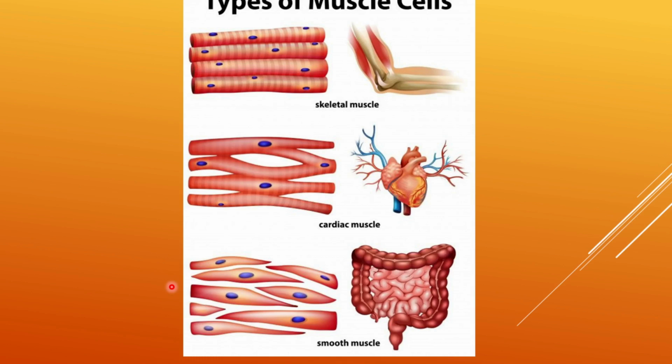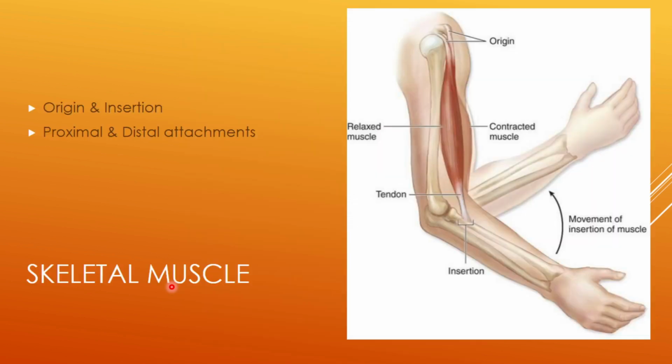So I'm going to stick with skeletal muscle now. As we say, skeletal muscle is voluntary muscle, and it has these striped muscle cells, or myocytes, and muscle fibers. Skeletal muscles always have 2 or more attachments.